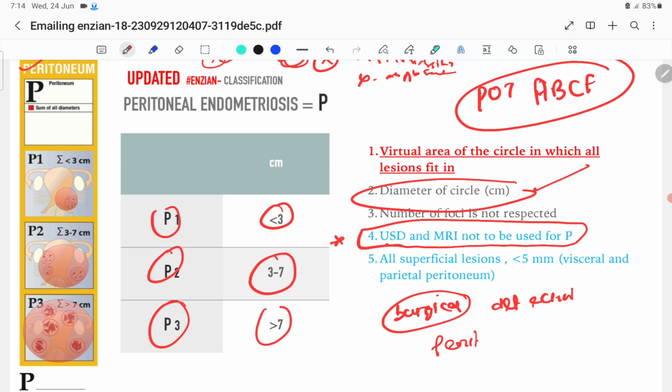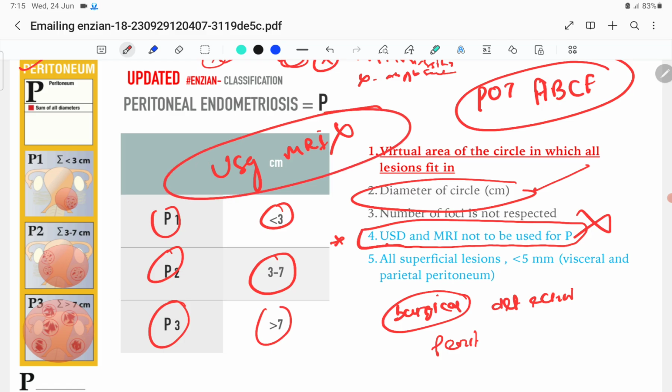Ultrasound and MRI are not useful for peritoneal disease detection. You have to do surgery, laparoscopy. You have to see the peritoneal disease and sum all the diameters over the whole peritoneum, wherever the lesion is there. You have to sum all these and calculate. If it is less than 3 centimeters it is P1, if it is 3 to 7, P2, P3 is more than 7 centimeters. So P is over.